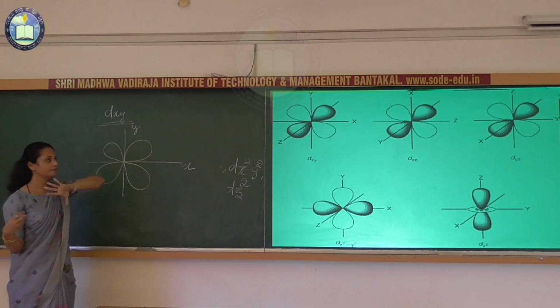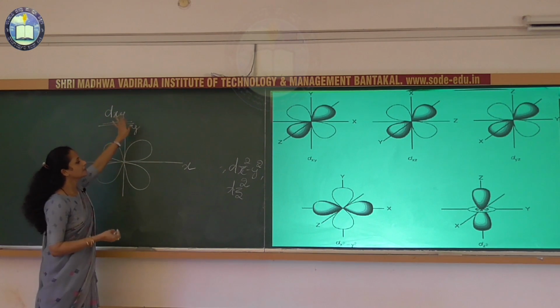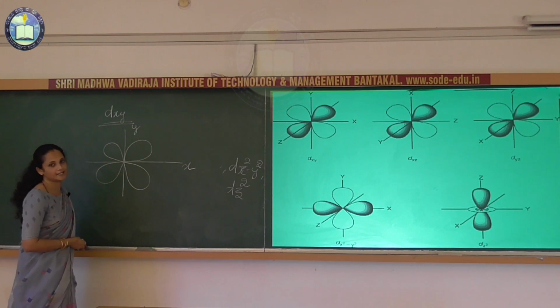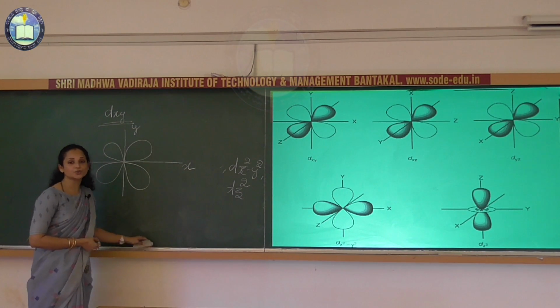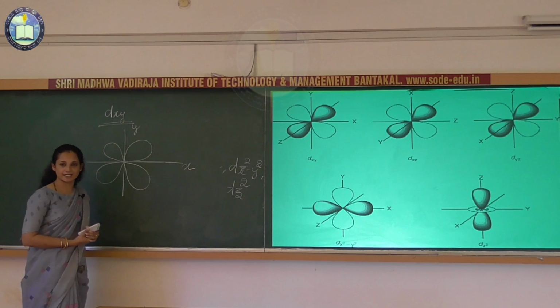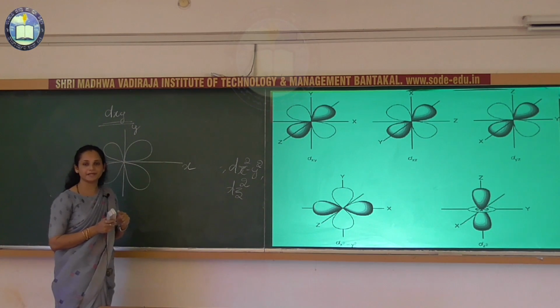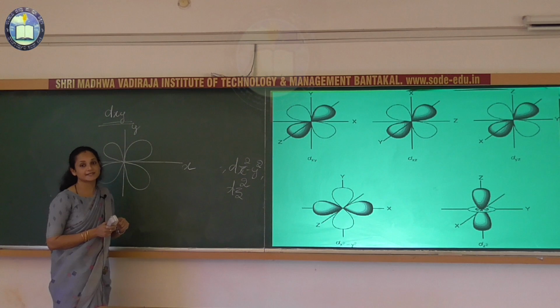z axis comes. In the same way, for dxz, you only have to show the x and z axes, then you must represent the lobes between x and z.